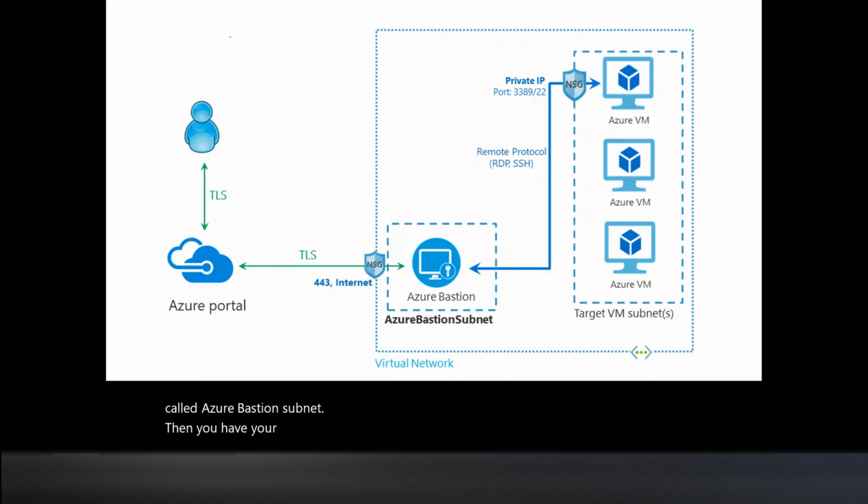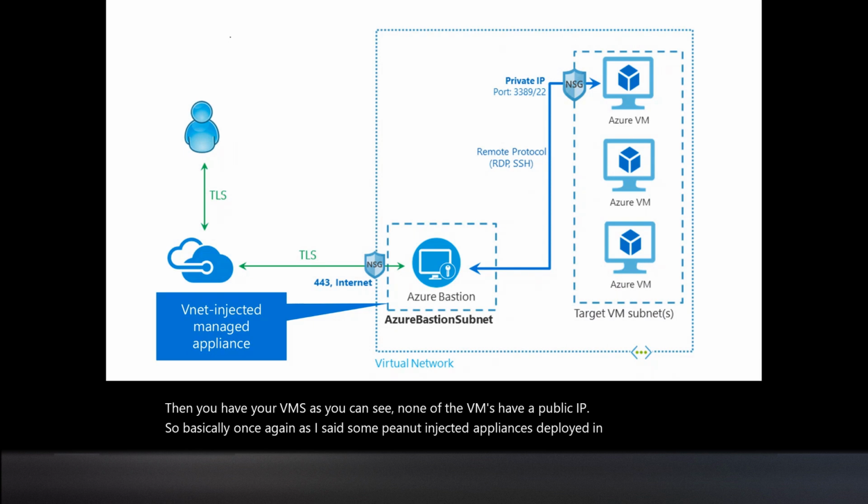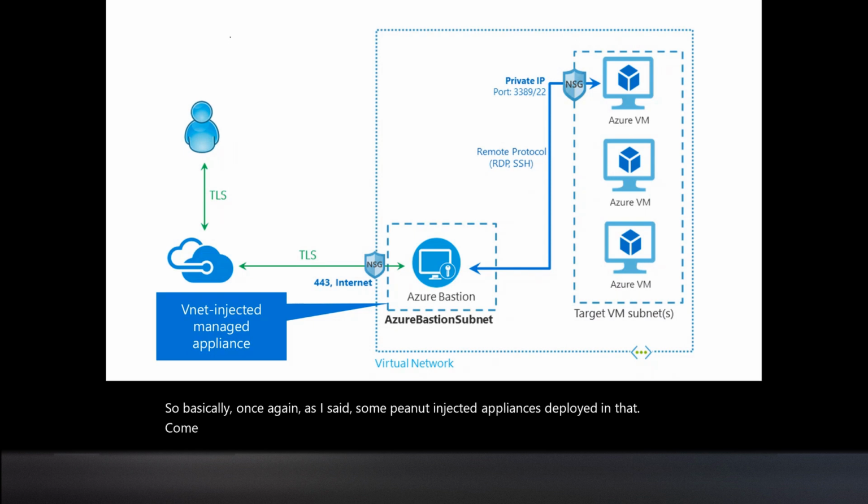As you can see, none of the VMs have a public IP. Basically, it's a VNet-injected appliance deployed in that subnet, and the only thing it needs is 443 over the internet, so you can expose it through an NSG. That's the only thing that is needed for Azure Bastion.